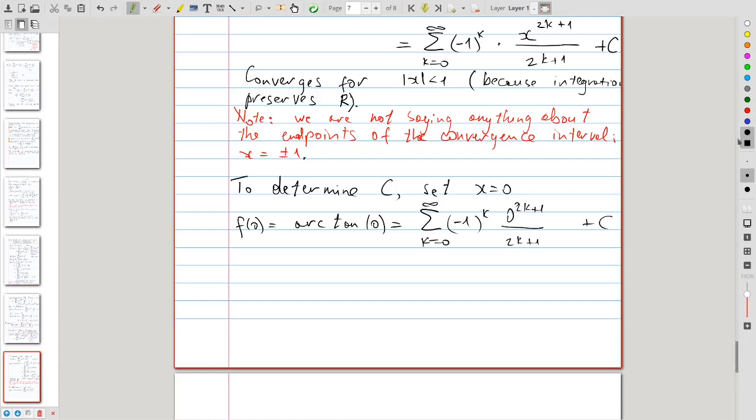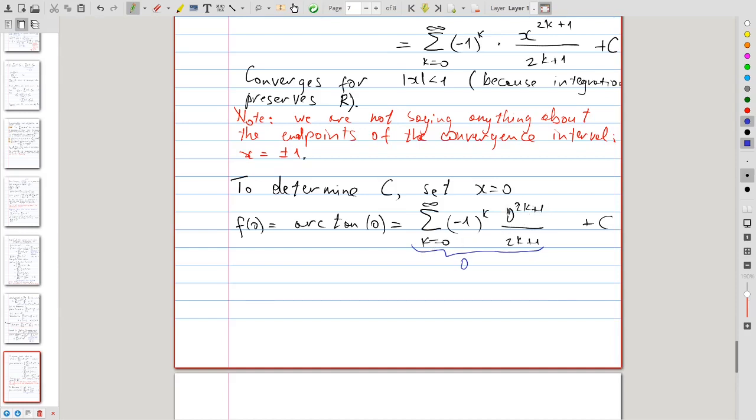plus c. So of course this entire series is 0 because every term has a positive exponent, and they all will have positive exponents, as you can see, because indexing starts at k equals 0. So the powers start at 1.